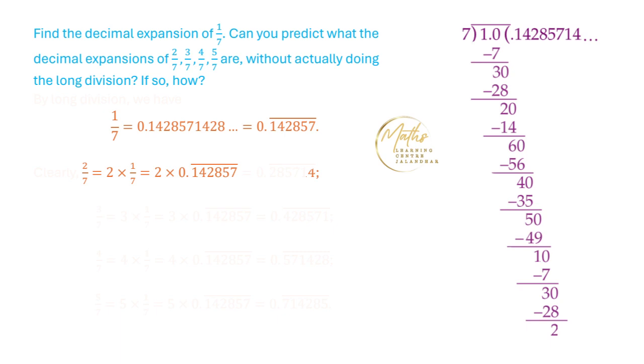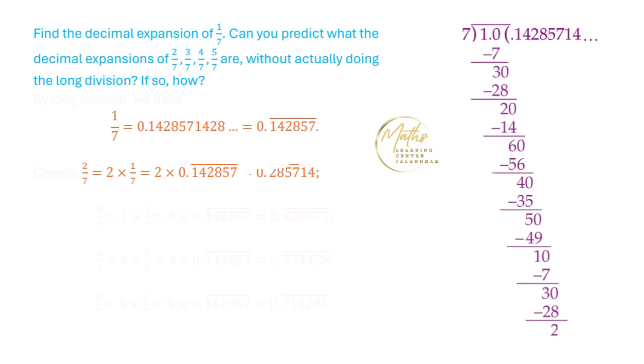Then 2 5s are 10 and 1, it is 11. Then we have 2 8s are 16 and 1, that is 17. Then we have 2 2s are 4 and 1, it is 5. Then 2 4s are 8 and then 2 1s are 2, and we will have decimal over here.